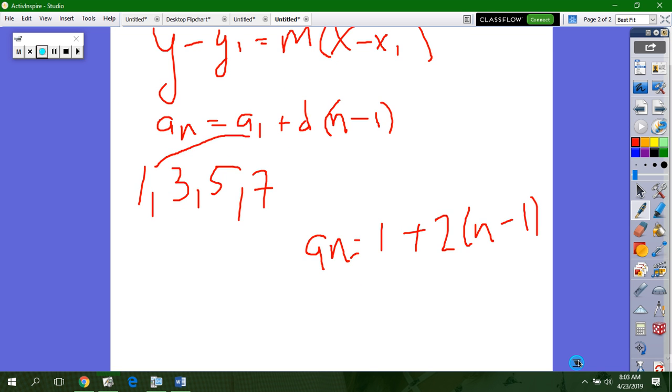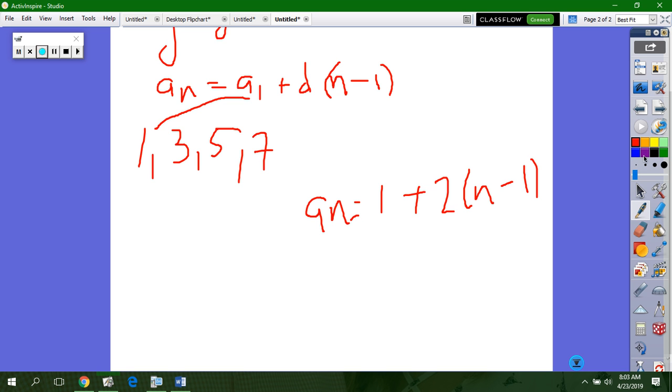If I distributed that through, 1 plus 2n minus 2, which is 2n minus 1, which is the same thing we got last time, right? So you guys can choose either fashion. Each of them has its own reason why I would use one over the other. Okay?